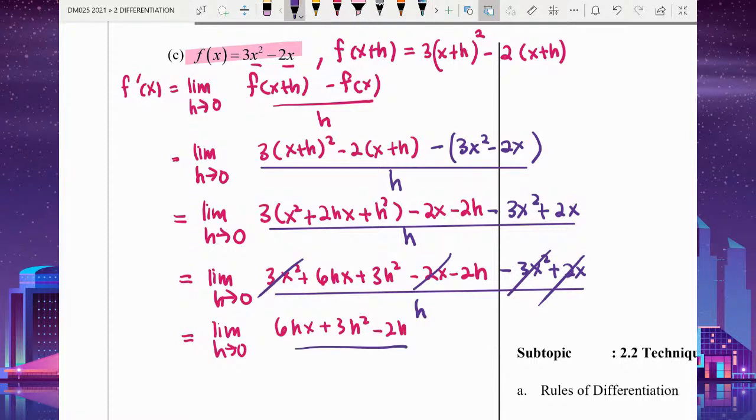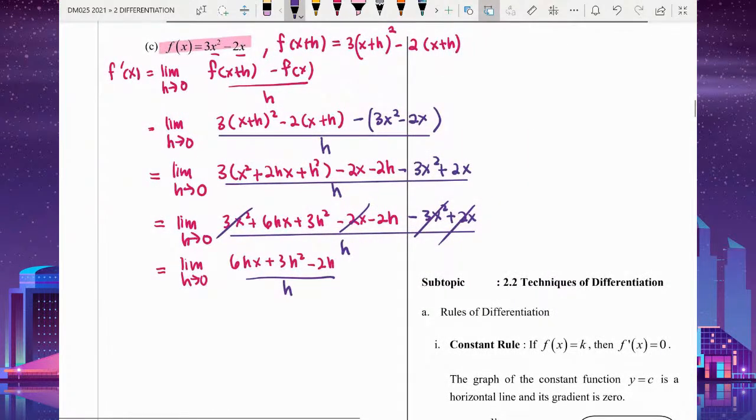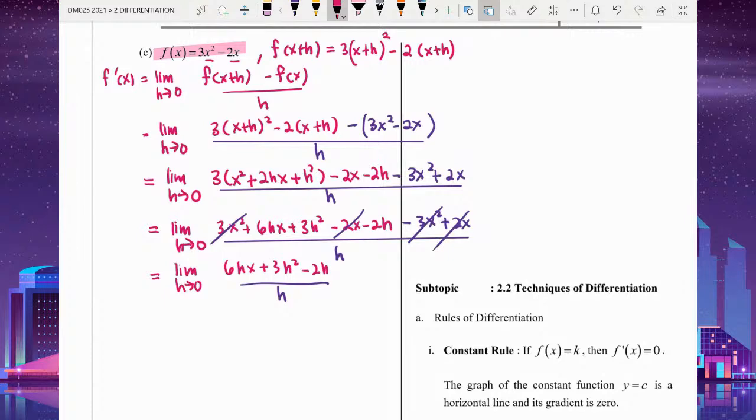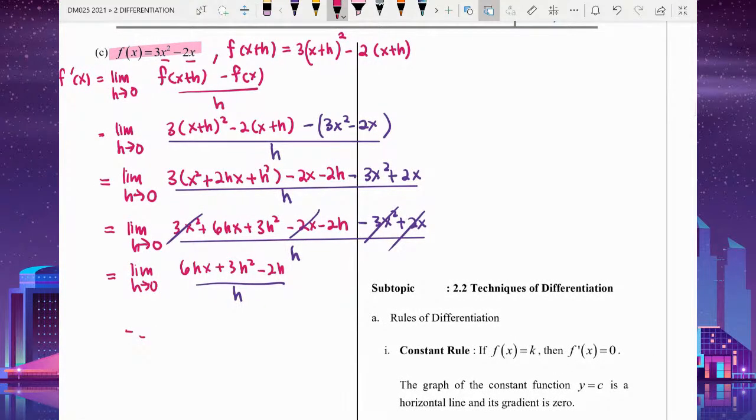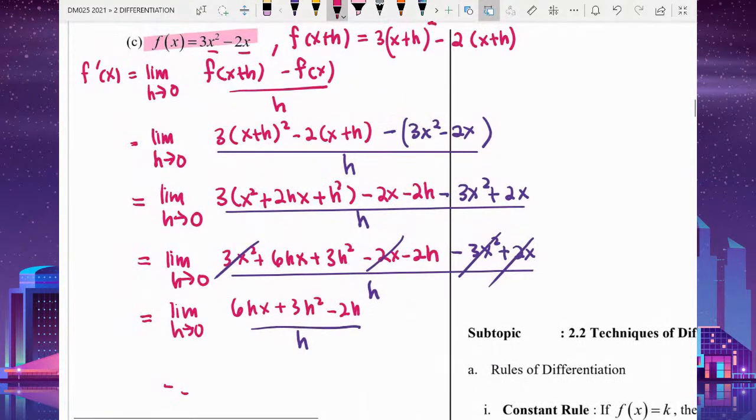Okay, over H. So now look, I factor the limit. Okay, so now limit H approaching 0.